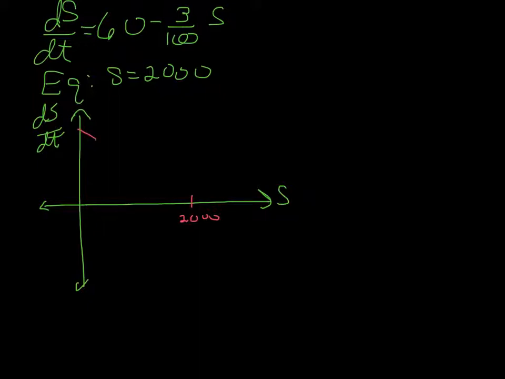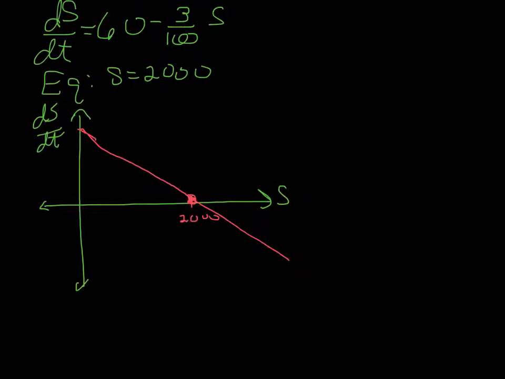I know it's going to have a negative slope because this thing right here is the slope of this right-hand side. And if I throw in something greater than 2,000, say like a billion, this thing will be negative. So I know that my dynamics look something like that.